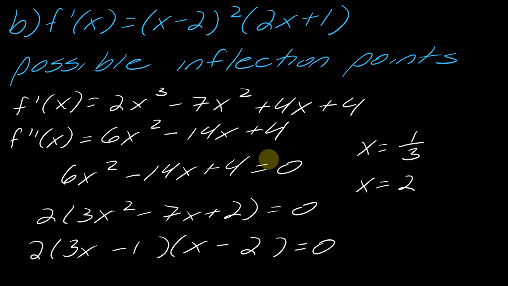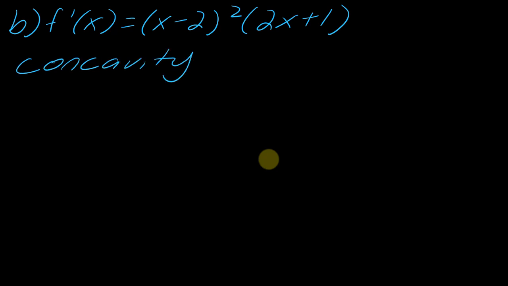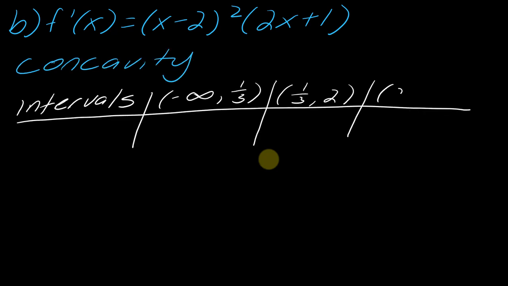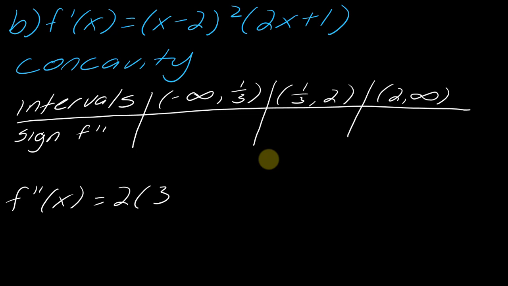Okay, so now let's go ahead and figure out a concavity. And I'll write out that factored version of f double prime of x because I just think it's going to make it easier to figure out what's positive and what's negative. So let's see, if I choose something like 0, it'll give me a negative times a negative, so this will be positive.